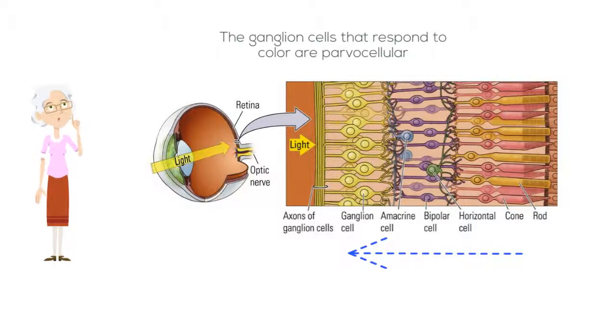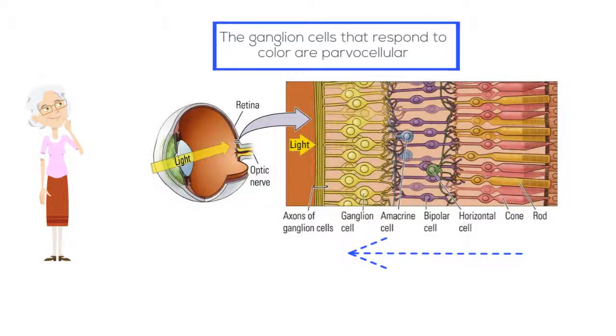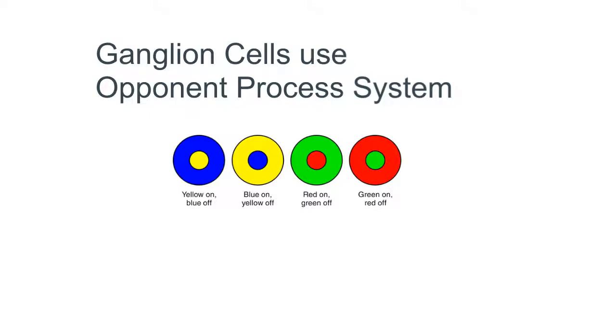The ganglion cells of the retina responsible for perceiving color are parvocellular. Unlike the trichromatic process, the ganglion cells use an opponent process system with a center and surround that are antagonistic.